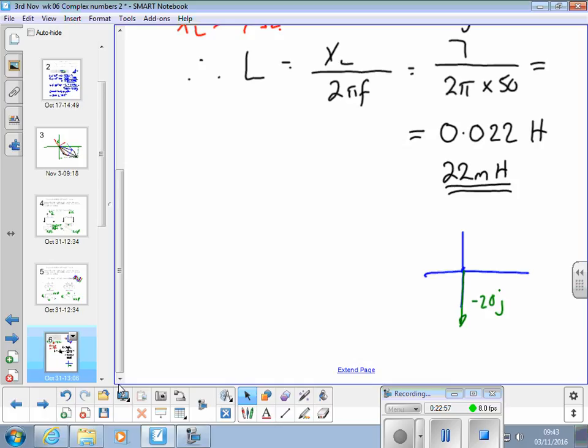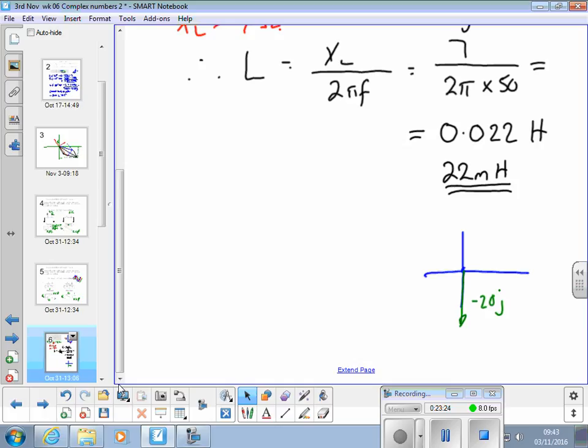But what type of circuit is it? It's an AC circuit, but what does negative j mean in terms of impedance? What type of component is in the circuit? Inductor or capacitor? It's a capacitor circuit. And it hasn't got any resistance because there's no R part to it.